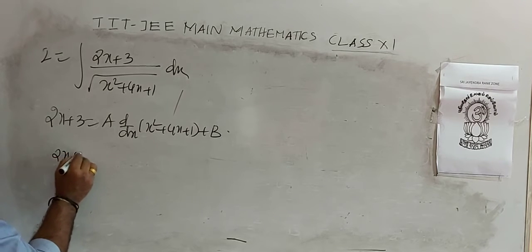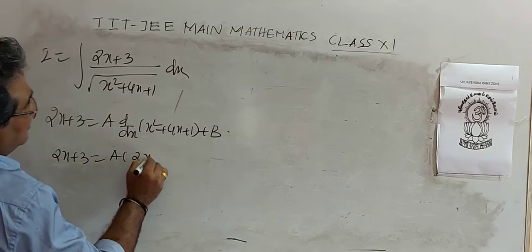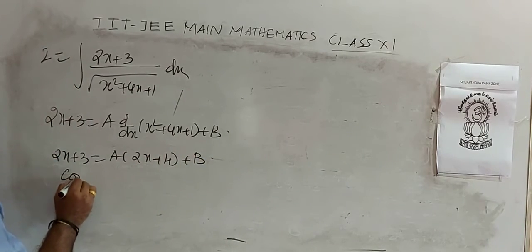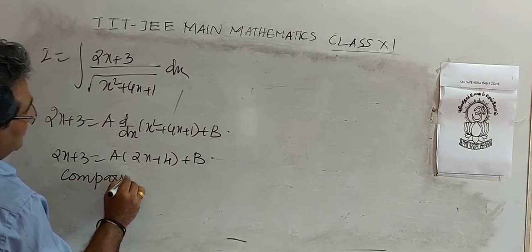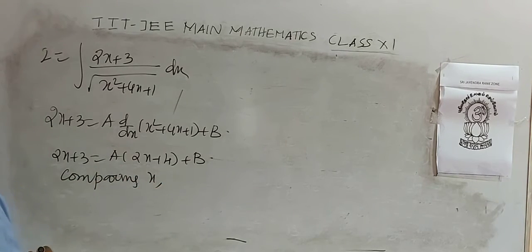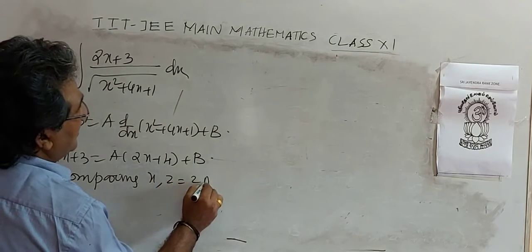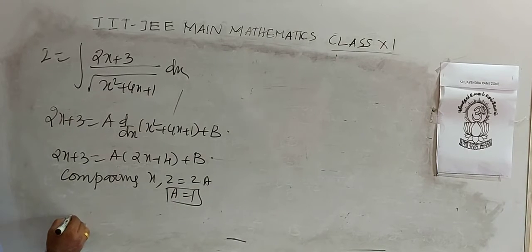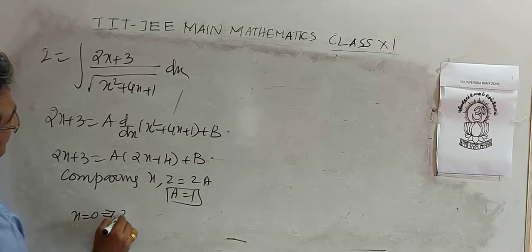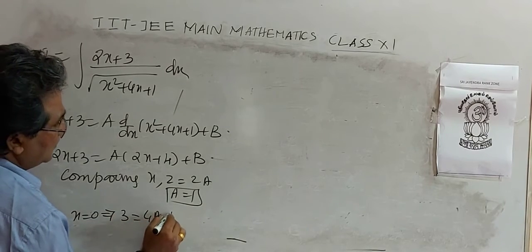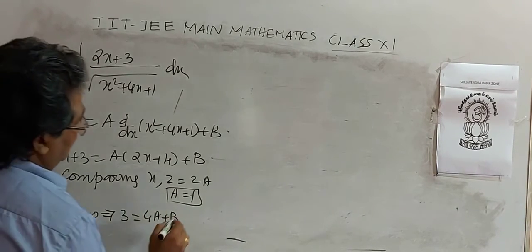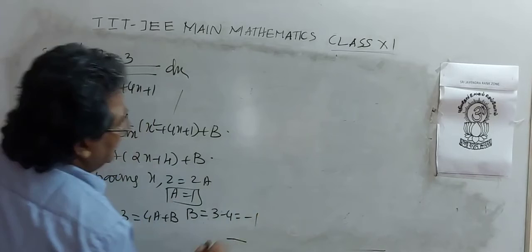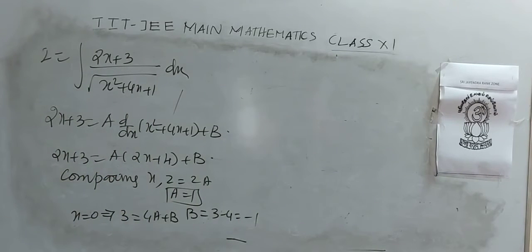So, 2x plus 3 equal to a into 2x plus 4 plus b. If we differentiate, we will get 2x plus 4. Comparing x, 2 equal to 2a, a equal to 1. X equal to 0 implies 3 equal to 4a plus b. B equal to 3 minus 4, that is minus 1.